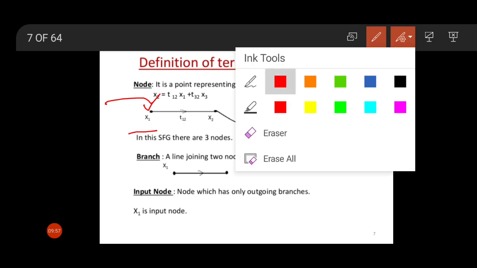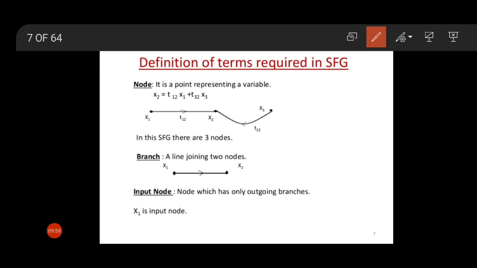Let's see the equation. Here x2 equal to t12 into x1 plus t32 into x3. So x2 is a combination of these two elements. If we represent this equation by signal flow graph, it looks like this.